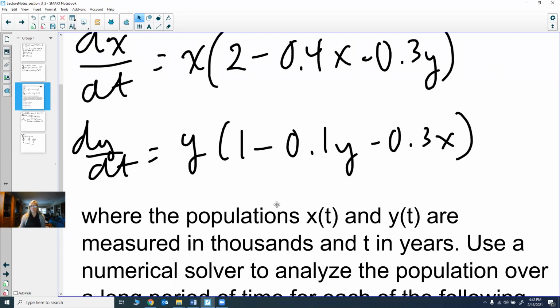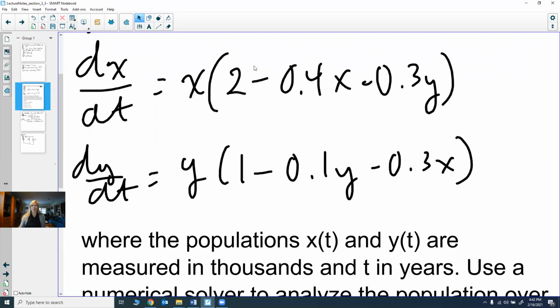We're not going to learn how to solve these per se, but we're going to talk about how we come up with these models. What these models are talking about is how x and y are related to each other. This one is linear. We can also have ones that have x times y, and that would be an interactive term. These two are linear, so they don't have that interactive term.